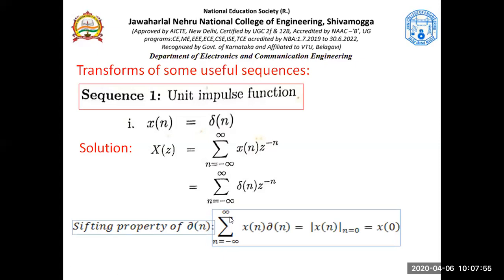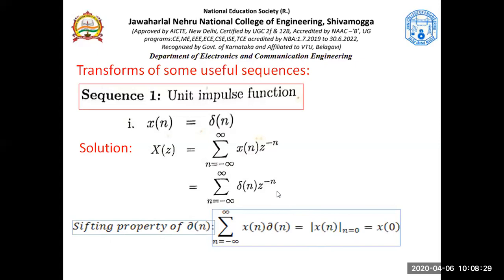If you have the summation of x of n into delta of n, then this summation is given by x of n evaluated at n equal to 0. Why is x of n evaluated at n equal to 0? Because delta of n exists at n equal to 0. So this whole summation is actually x of n being evaluated at the n where delta exists. This is the shifting property of delta of n.